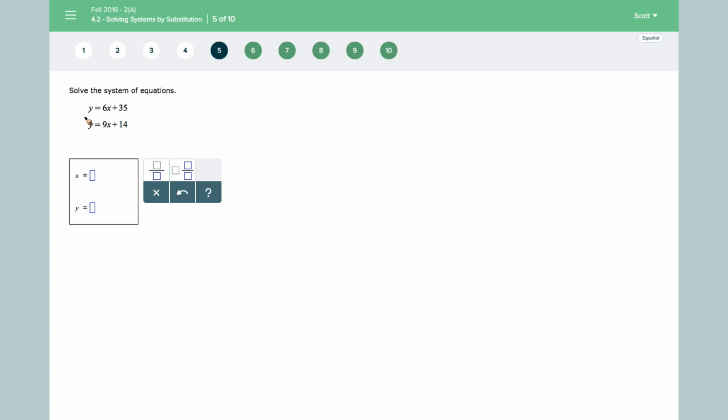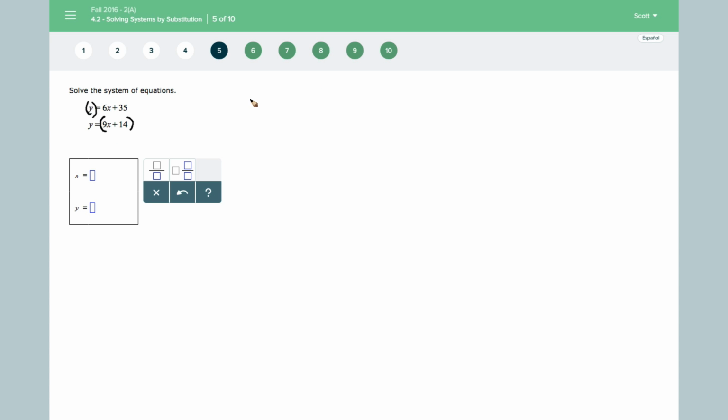Okay, once again here, we find that both of them, in this case, are solved for y. So we just need to choose one of them. I'm going to choose this one and plug it in right here. Now I could choose this one to plug in down there. It doesn't matter. They're both the same.